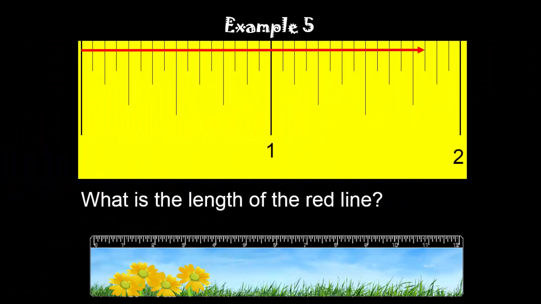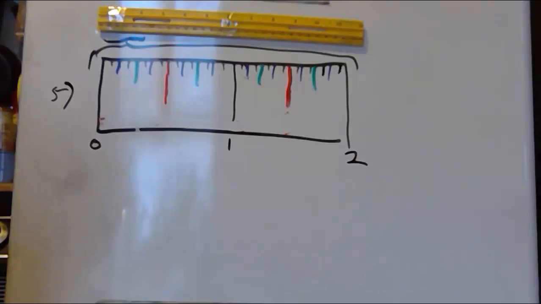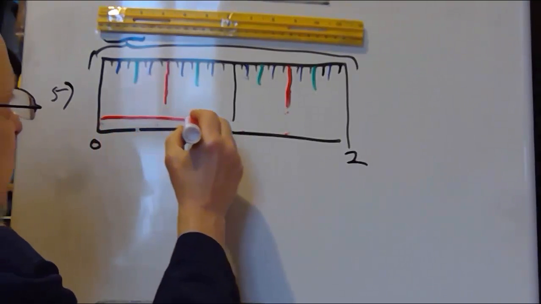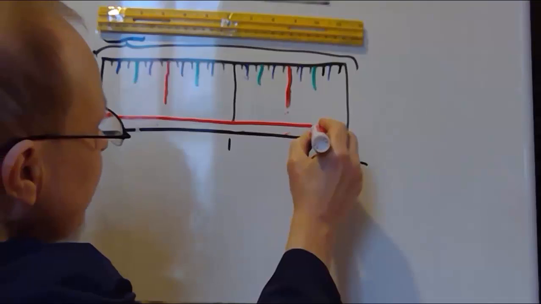In example number 5, we want to see what is the length of this red line. So let us go to the whiteboard and work this one out. And for example number 5, the red line goes all the way out here.